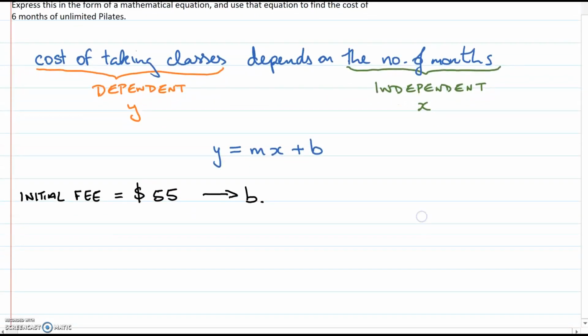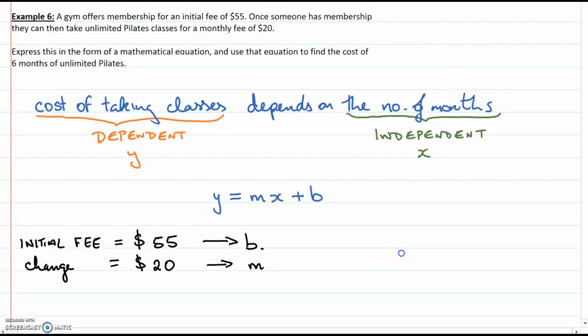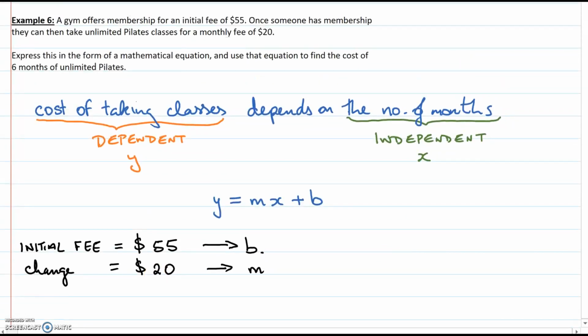So the amount that it goes up by every month, we'll call it the change, is $20. It goes up by $20 every month. Okay, so that's going to be m. And because the fee is going up by $20 every month, it's going to be positive. M is going to be positive 20.